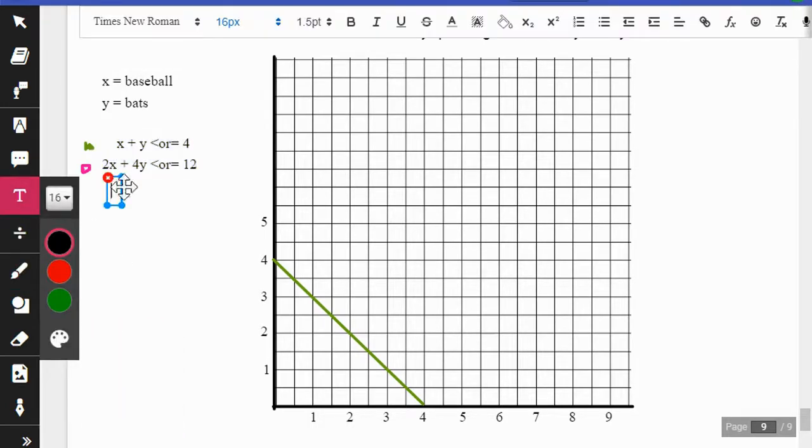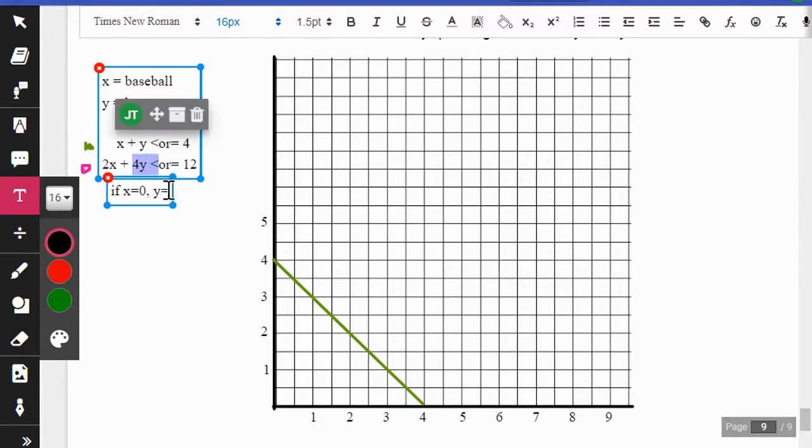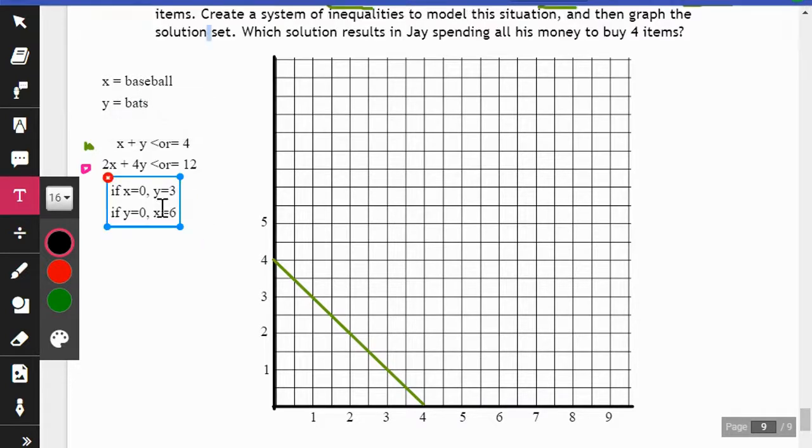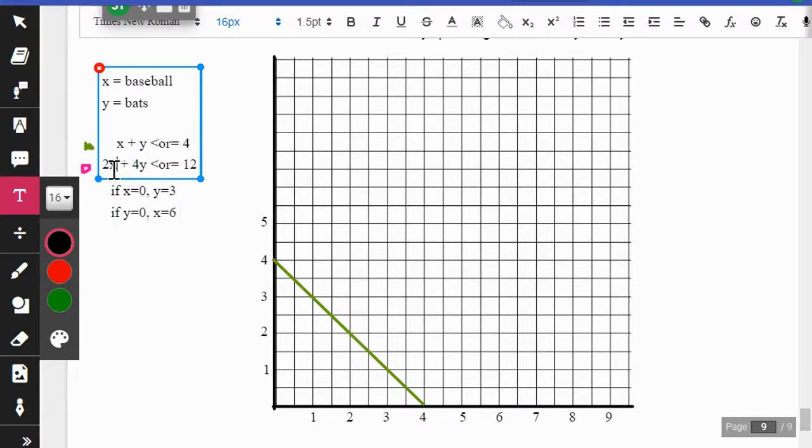If x equals 0, 4y would have to make 12, so y would have to be 3. If y equals 0, x would have to be 6. 2 times 6 is going to make 12.